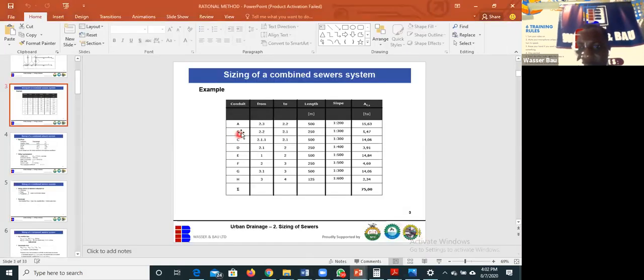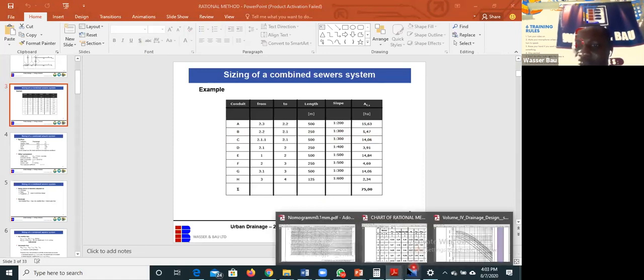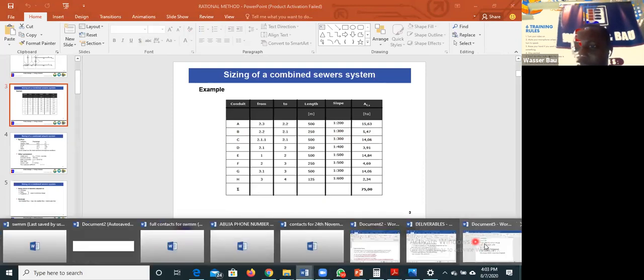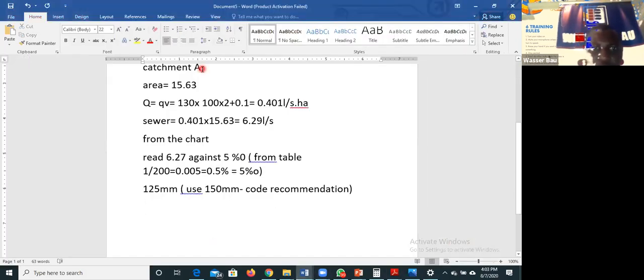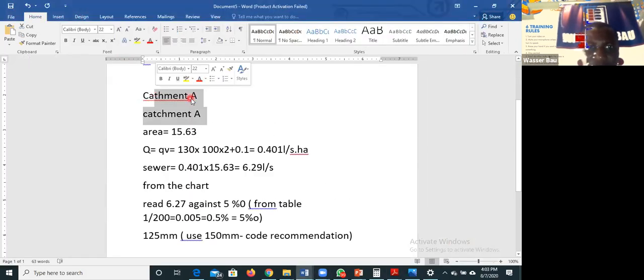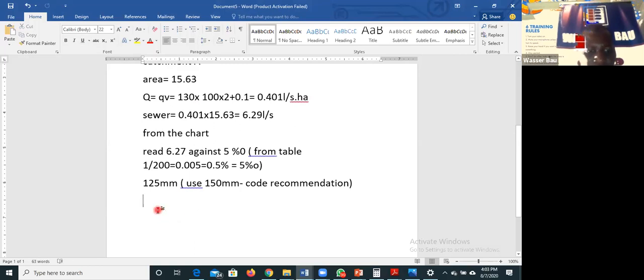We're going for catchment B. Catchment B has a slope of 1/300 and an area of 5.47. So for catchment B, do I have to do the calculation again? No. Sorry, this is catchment B. So I copy it and come here.